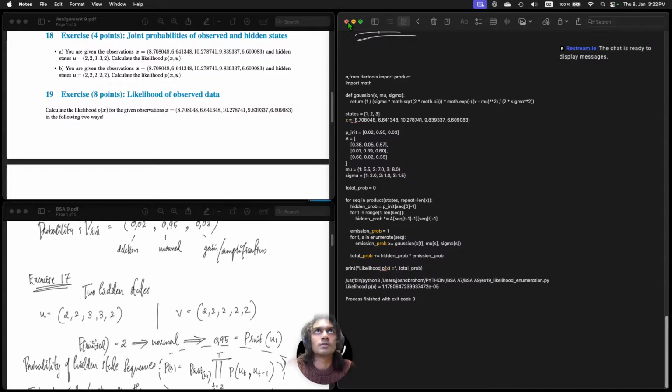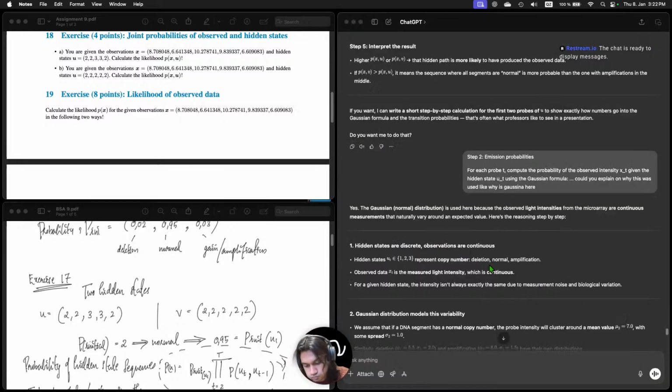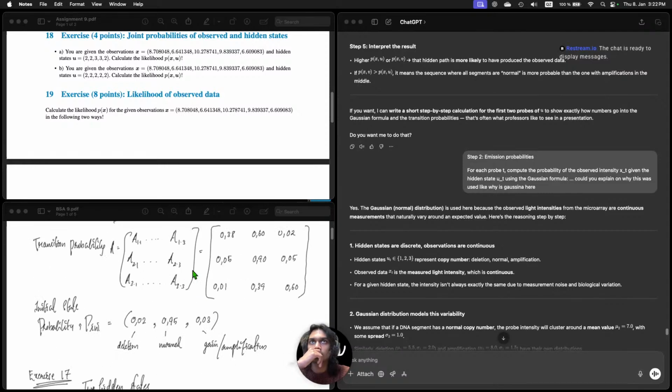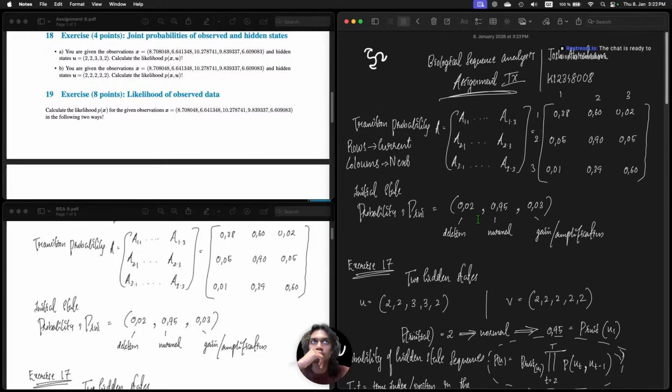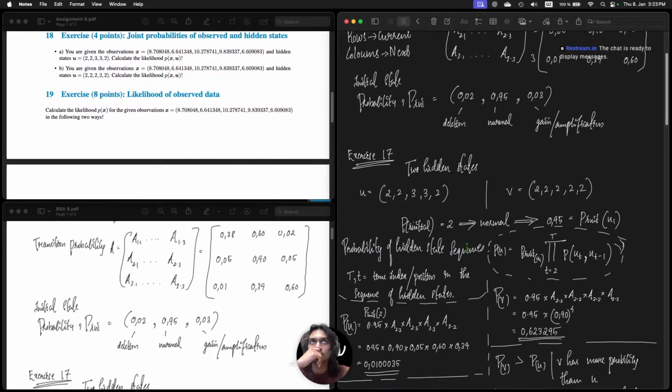Oh, it's not showing up. One has a transition from normal to amplification, and from amplification back to normal, while the other is just straight normal.